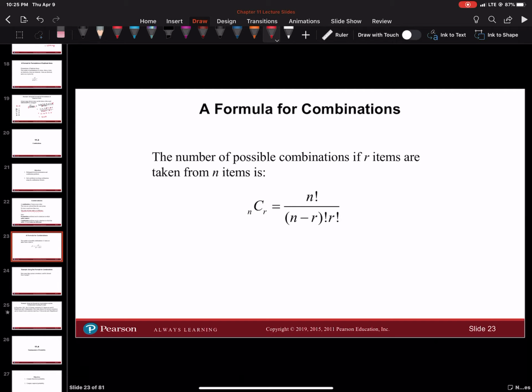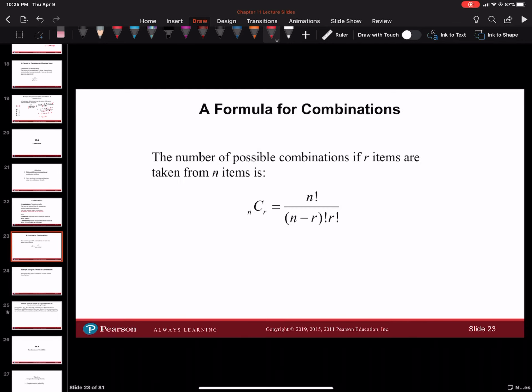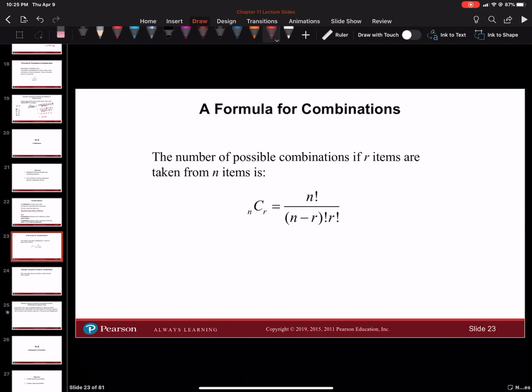So we have N factorial over N minus R factorial times R factorial. If you put all of this in the calculator, make sure you put all of this in parentheses. Keep that in mind.